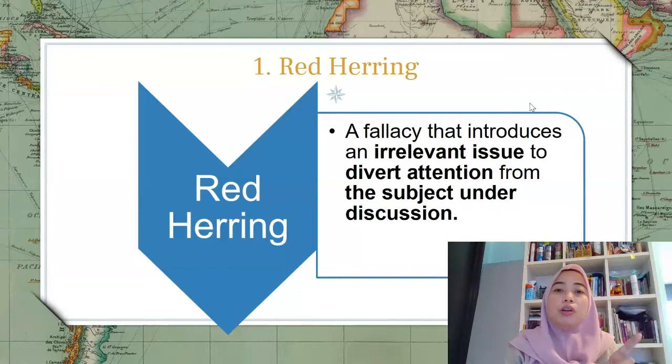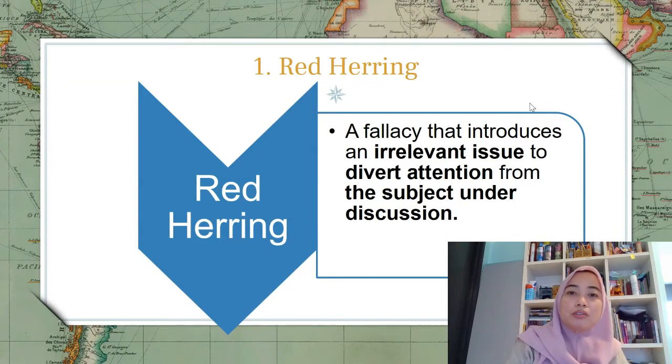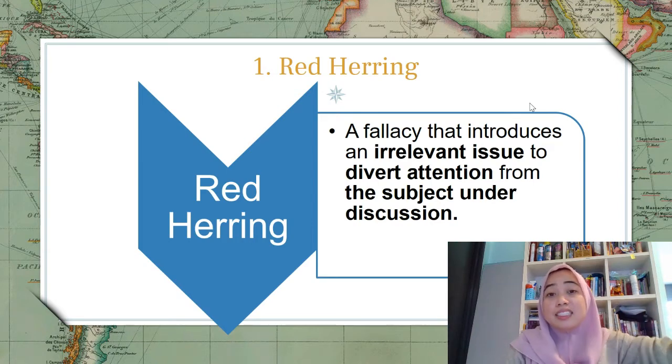So the first one we're looking at is red herring. So what is red herring? So we all know, I don't know if you guys do, herring is a type of fish. And red herring is basically, the origin of red herring is actually that one prisoner escaped from the prison, and he's very smart.